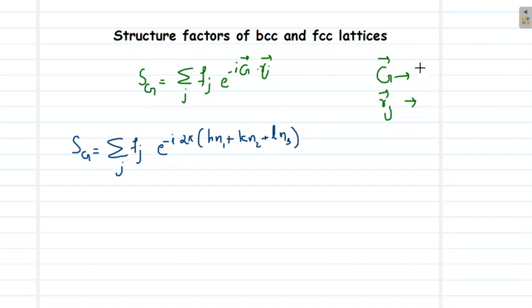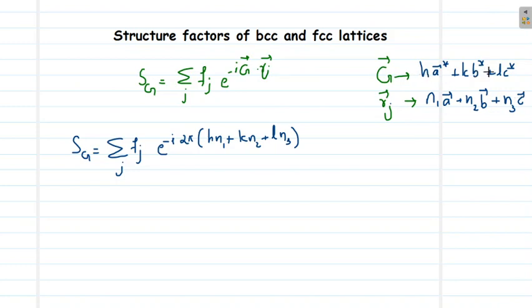Here G bar was given by H a star plus K b star plus L c star, and R_j bar, the position vector of each of the atoms in the real lattice, is given by n1 a bar plus n2 b bar plus n3 c bar.